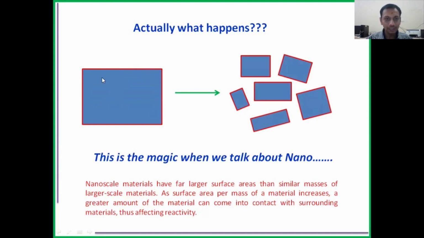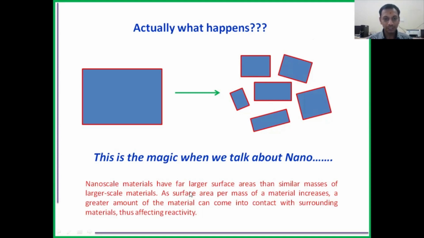You can just consider it as surface area. And now you are ultimately increasing the surface area by mechanically grinding, or you are gradually decreasing the size by any method. I will discuss the different methods also in coming slides. And by this way, we are increasing the surface area and ultimately the activity of resulting particles.